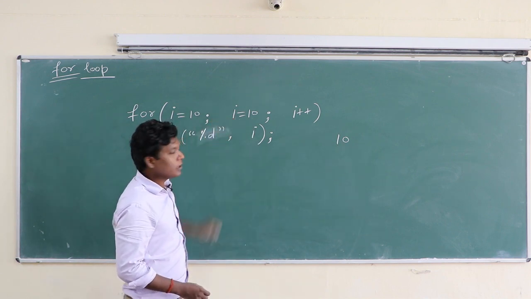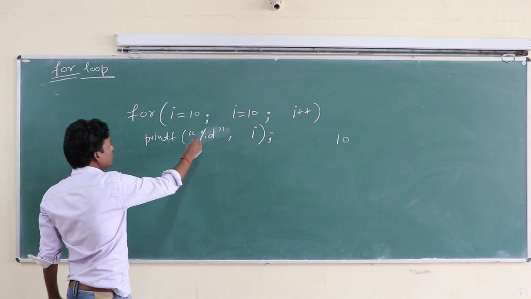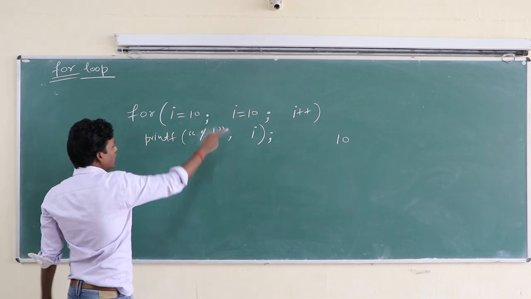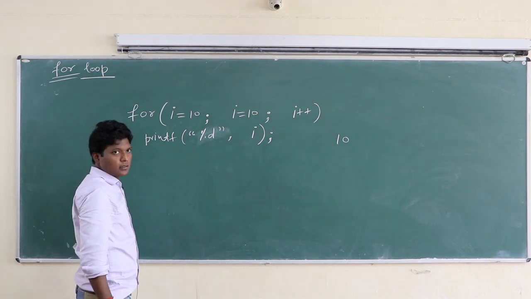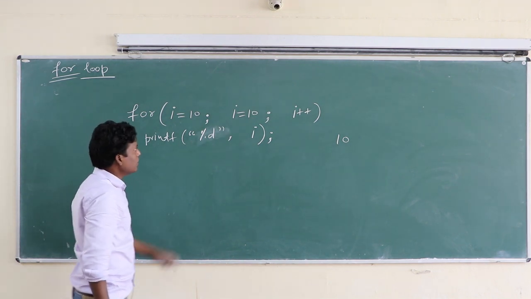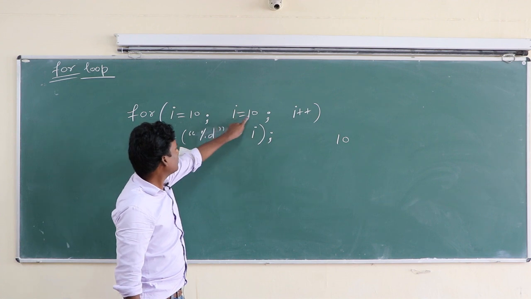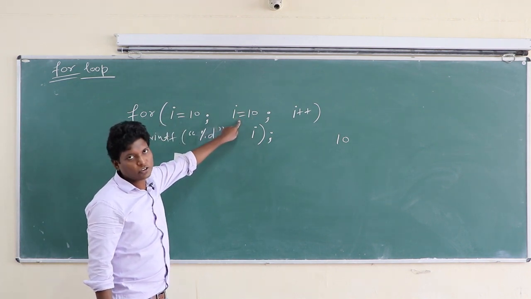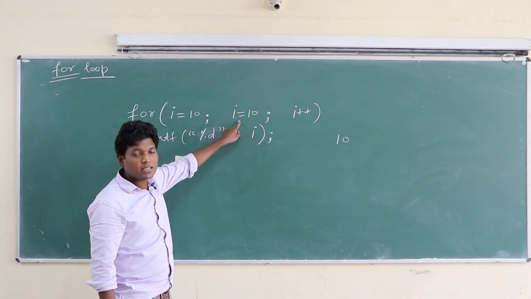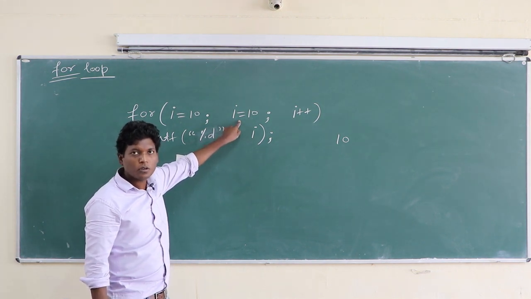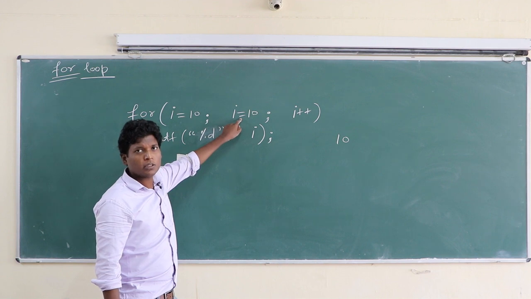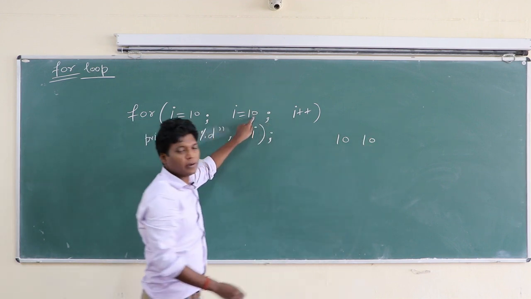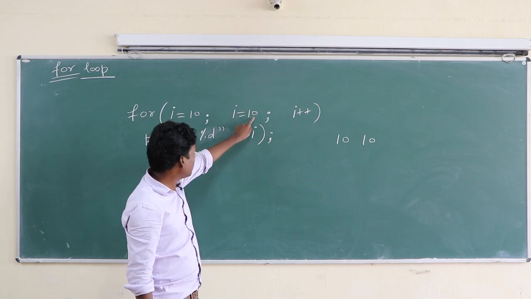Again, class, I plus plus makes I become 11, but here I gets value 10 again, and 10 is non-zero. Non-zero means true. So the condition is true. Then the value 10 will be printed again, because this assignment is last, the updated assignment.